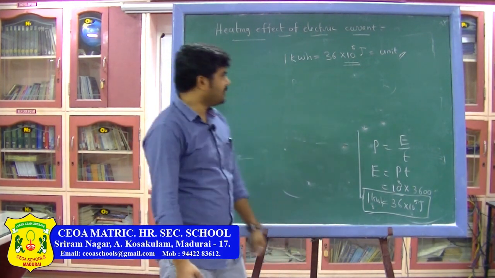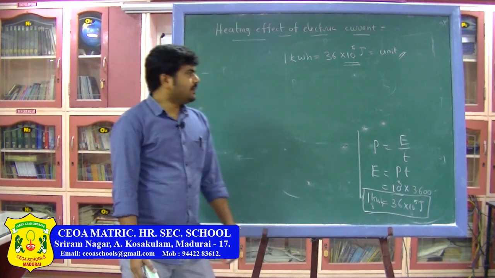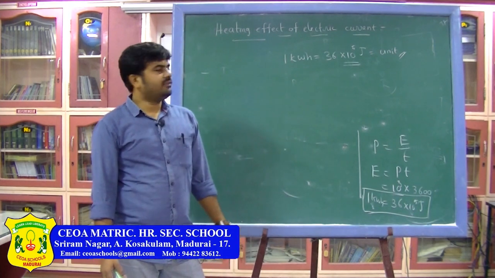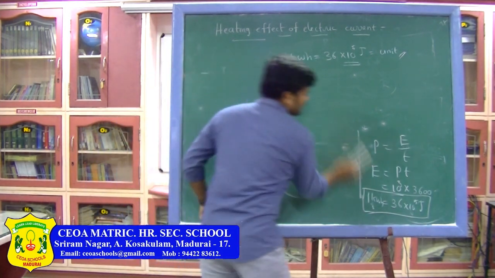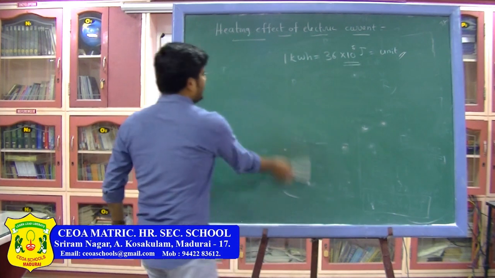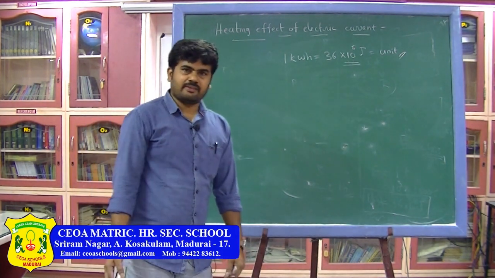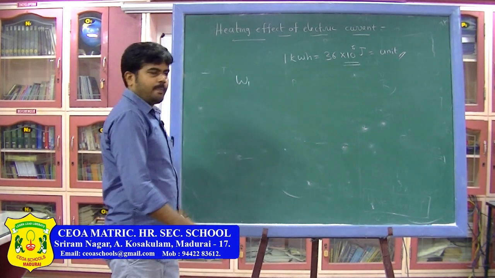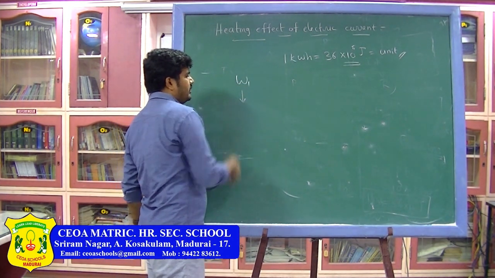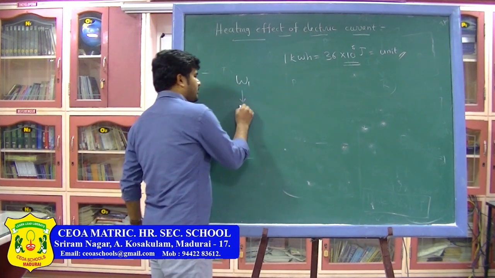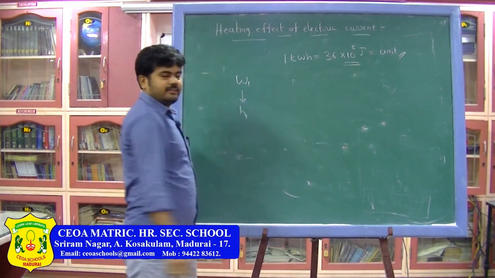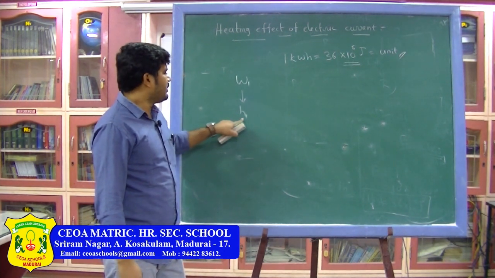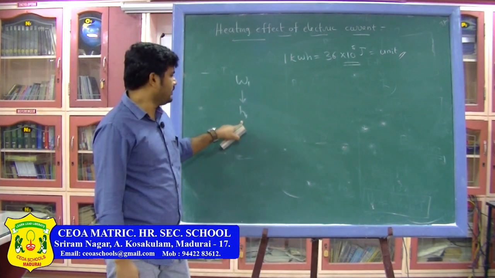Now let us do one example of how to calculate the number of units consumed, and then we can calculate the electricity bill for that particular house. In a house there are many electrical appliances. Let us say the first electrical appliance has wattage W1, and it is used for H1 hours in a month.